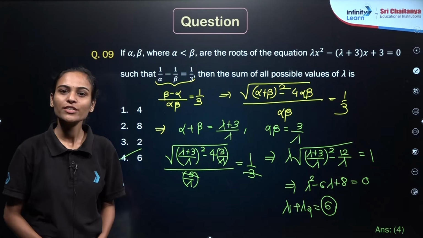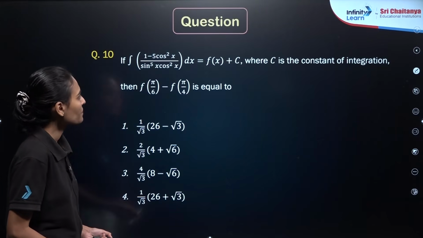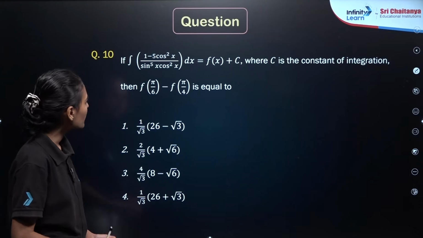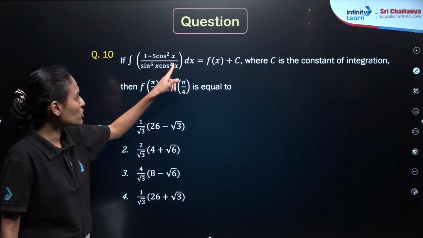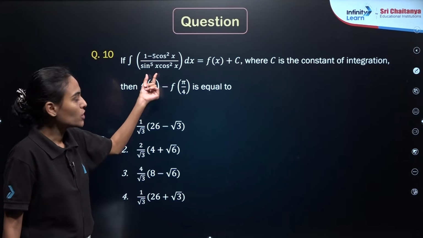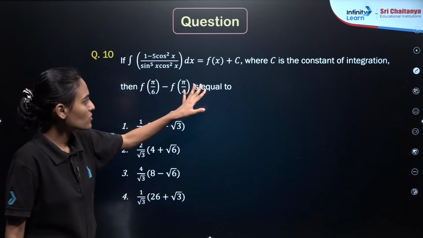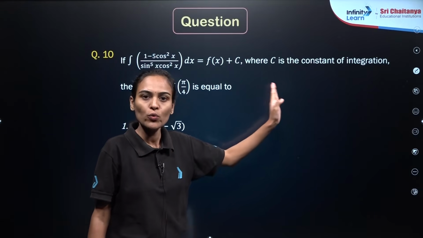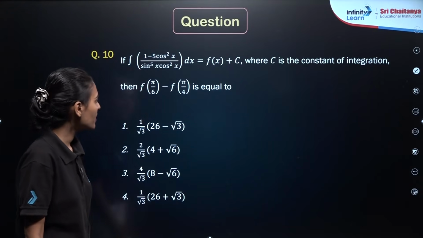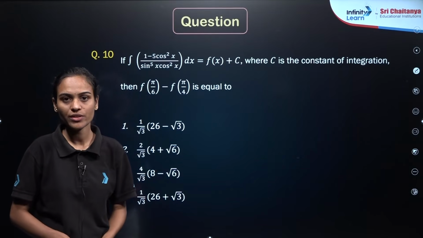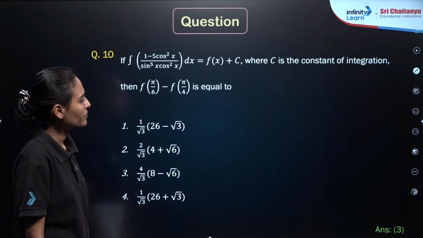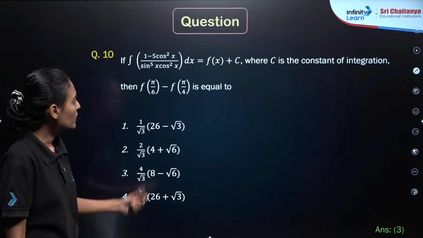Now let us take students, question number 10. So here, the question given is: if the integration of 1 minus 5 times cos square x upon sin power 5x into cos square x dx is of the type f of x plus c, where c is the constant of integration, then you are asked f of pi by 6 minus f of pi by 4 will be equal to what? So now we will try this question.